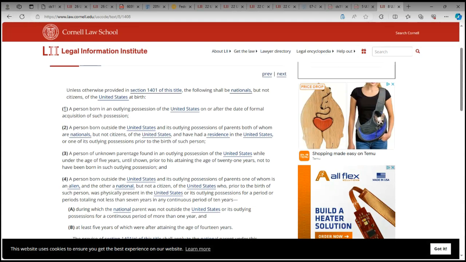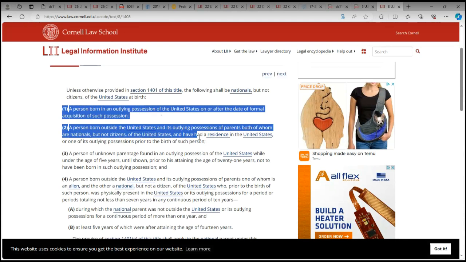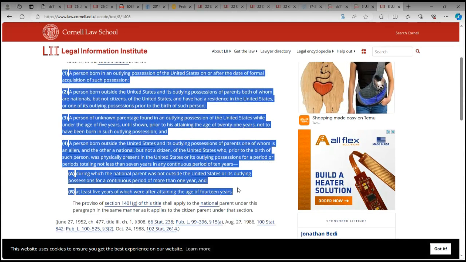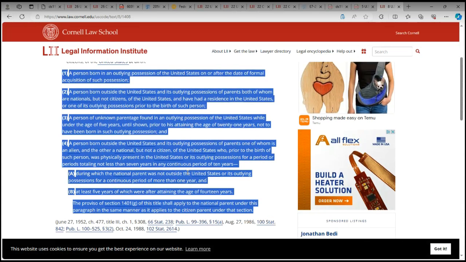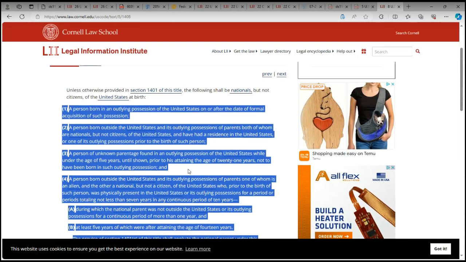This is who they're talking about for passport purposes. None of you who were born in any state of the Union qualify for this. None. If this doesn't apply, then there's only one other class of person that you can be specifically for passport purposes, and that's a U.S. citizen.